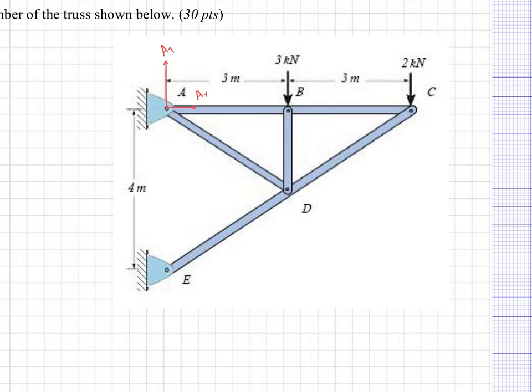So we can expect this force to go one way or the other, right? Actually, I do know which way, because it's definitely going to be pushing. If we look at all this, it's trying to make it go this way, so this is going to have to make it go the other way, right?